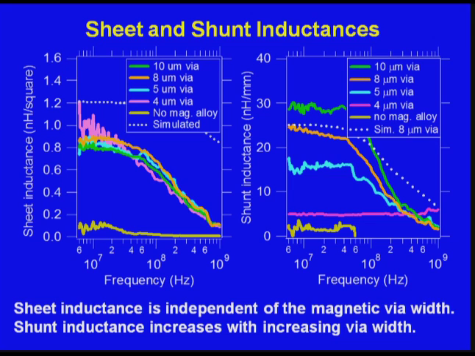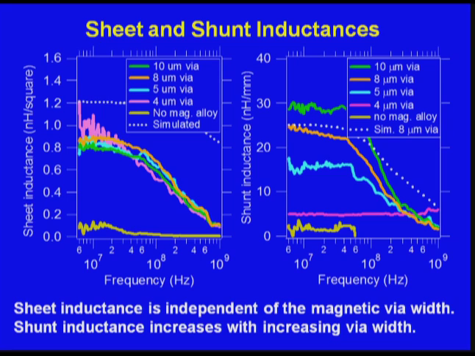Now, if you look at the magnetic vias, what's plotted here is different width magnetic vias and their shunt inductance versus frequency. And what you see is that a 4 micron via has a fairly low shunt inductance of less than 10 nanohenries, which is pretty darn low. And as you increase that magnetic via width, it can get up to values of around 30 nanohenries, which is getting pretty okay, but still not the greatest.